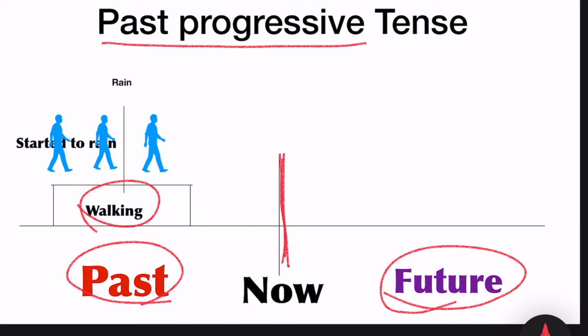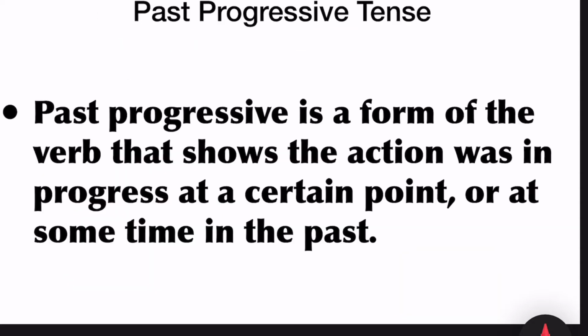It happened continuously for some time. It started from here. It continues till this point. So overall, the action of walking happened before now for some time. It continued for some time in the past. While he was walking in the past, it started raining. This is the meaning of this sentence.